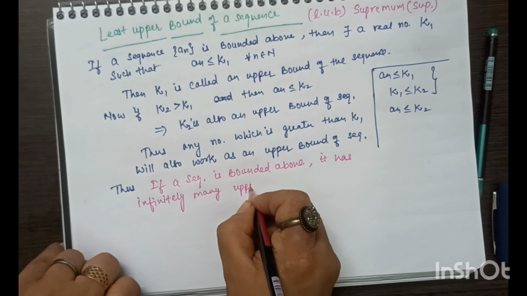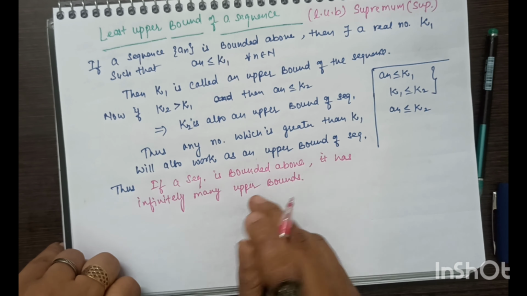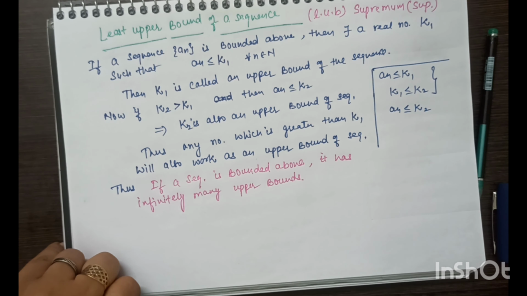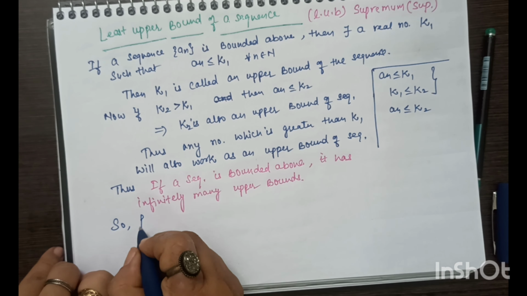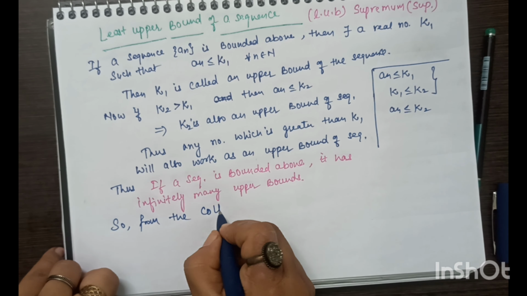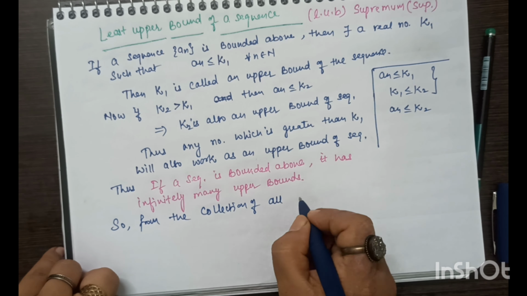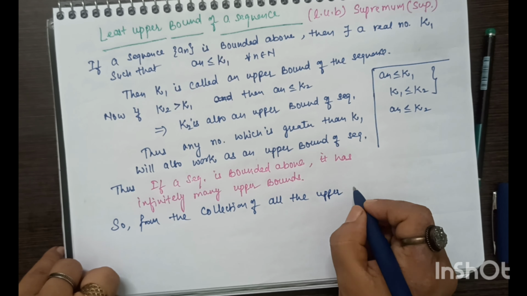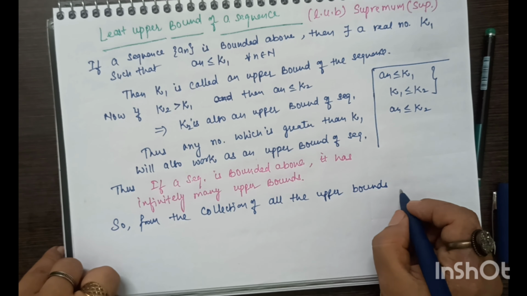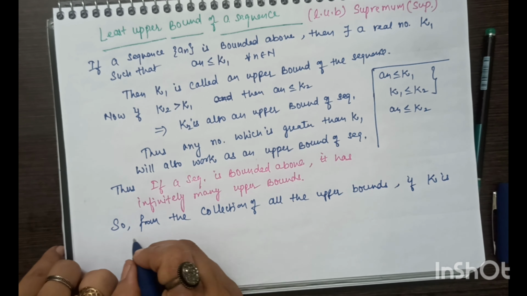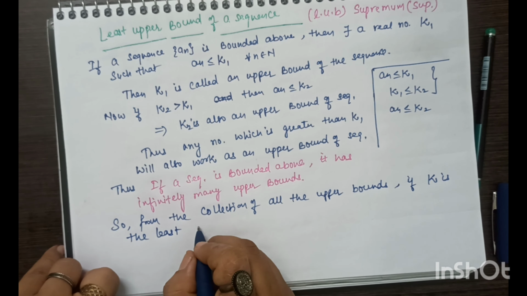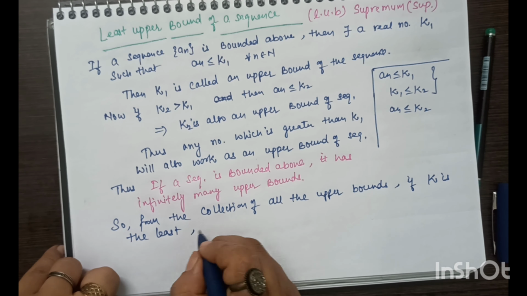So that means we are getting a collection of upper bounds, and from that collection of upper bounds we will be choosing the least one. From the collection of all the upper bounds we have received for a particular sequence, if k is the least, then k is the least upper bound.